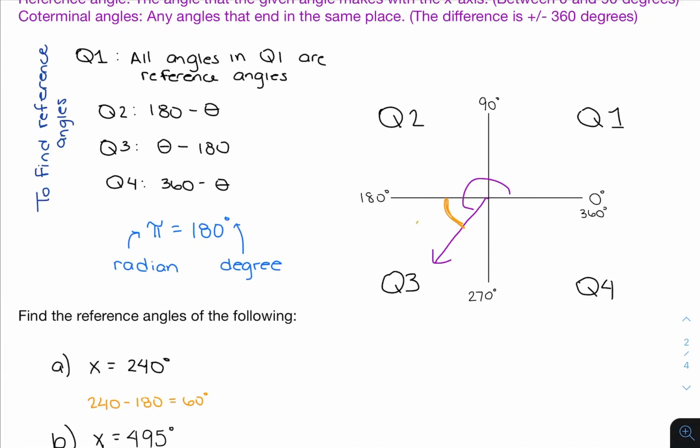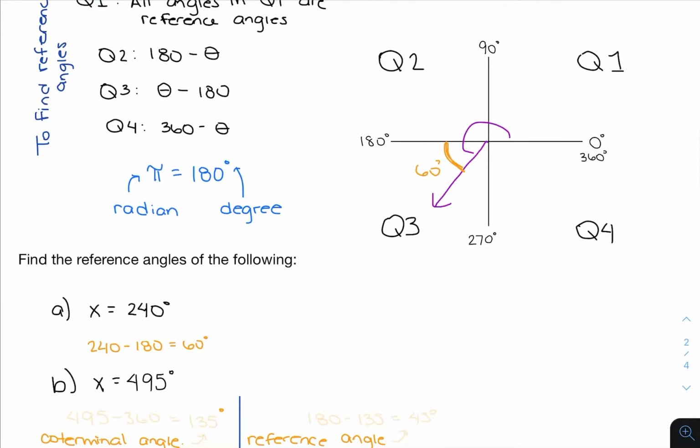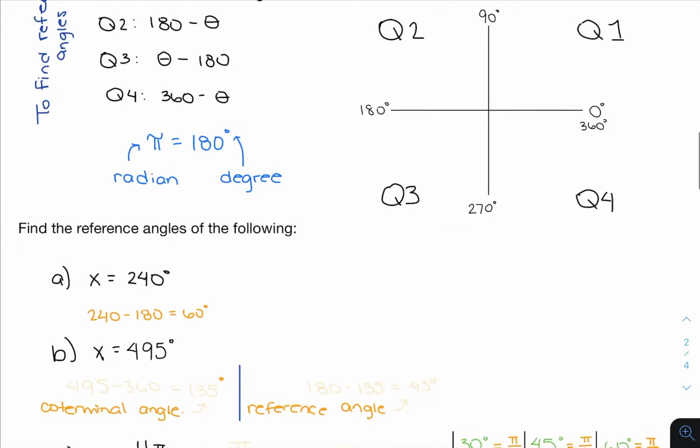If we wanted to find the reference angle for 495, it is bigger than 360 degrees. So in order to get the reference angle, let's try to get it between 0 and 360. So we would have to find a coterminal angle. So let's take 495 and subtract 360 to get it into that range. So our new angle is 135, and this is a coterminal angle, because all we did was go backwards 360 degrees, and we ended up in the same place.